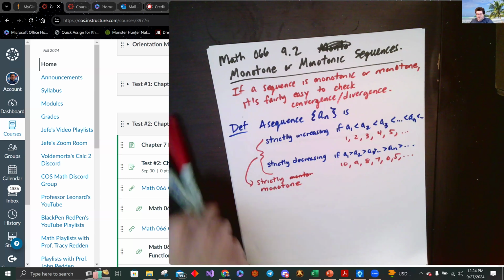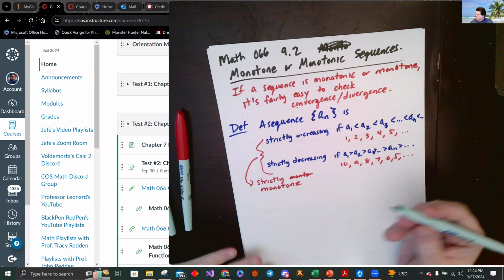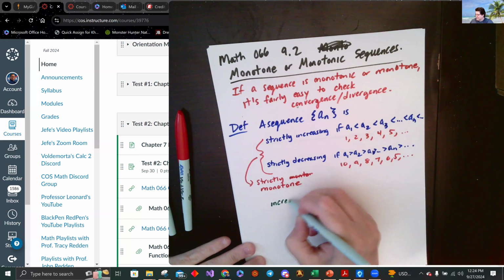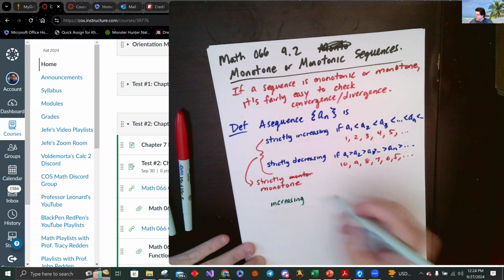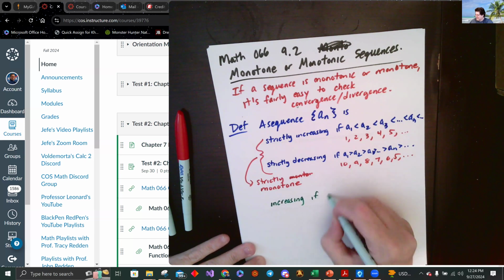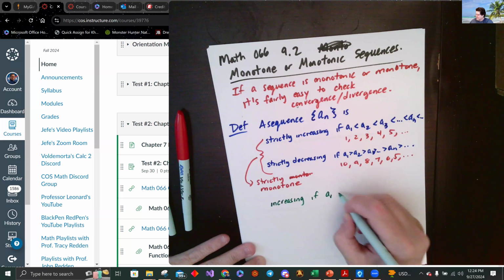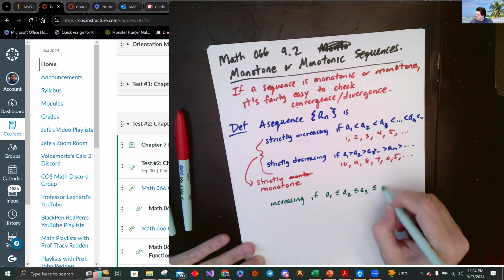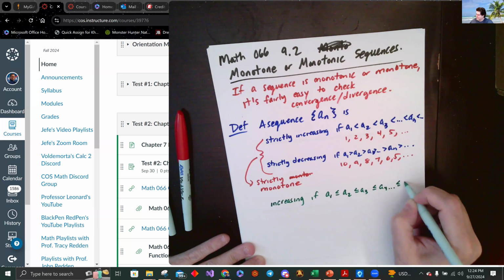We could have another setup and we dump the word strictly for this because we can have the equal portion here. If A sub 1 is less than or equal to A sub 2, is less than or equal to A sub 3, less than or equal to A sub 4, less than or equal to A sub n.